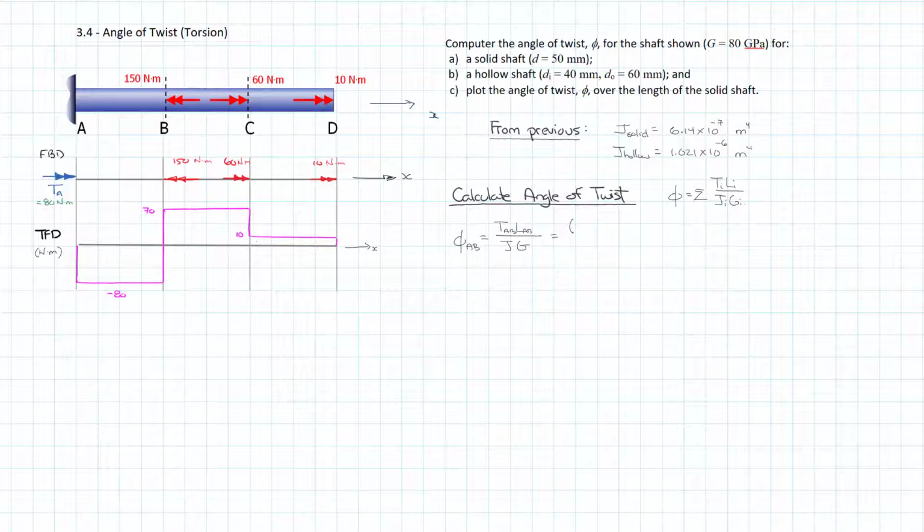So in this case, the signs do matter because they're showing an angle of twist in one direction or the other, either clockwise or counterclockwise.